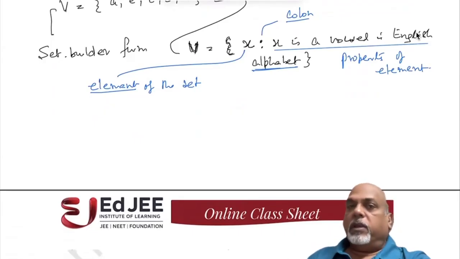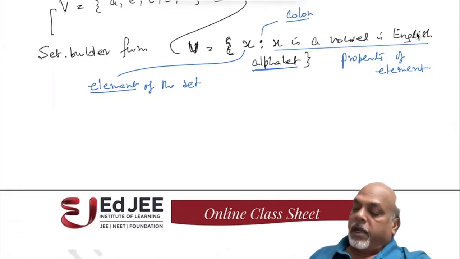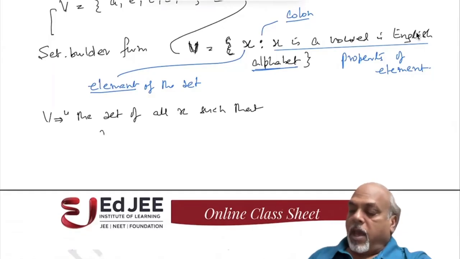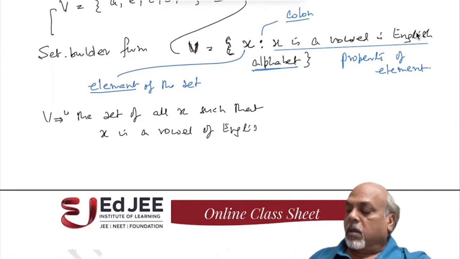So we can read it as V is the set of all x such that x is a vowel in the English alphabet.